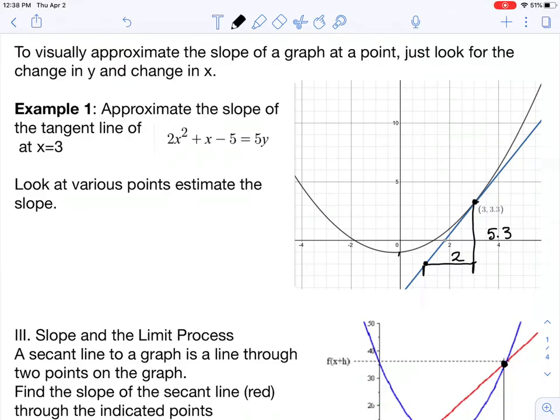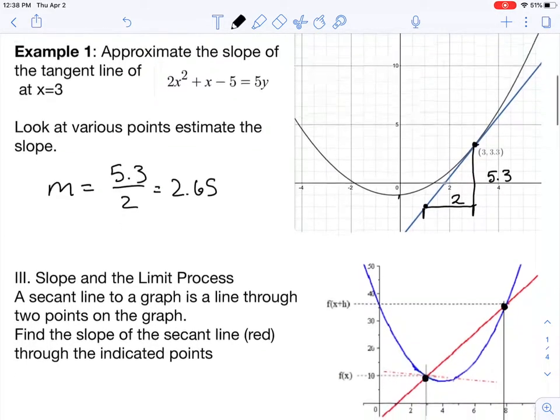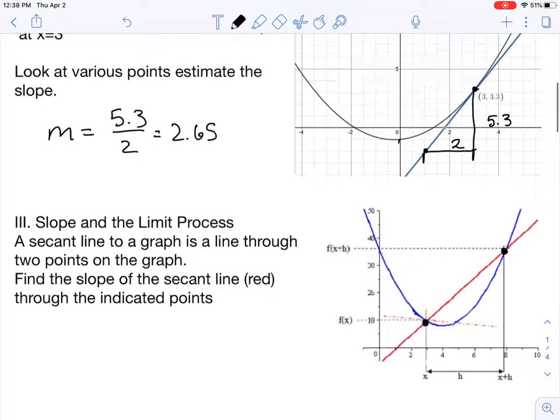So that's a change of 2. So we know our slope is 5.3 over 2, or 2.65. All right, so that's just what you did in Algebra 1, estimating your slope just by counting it.